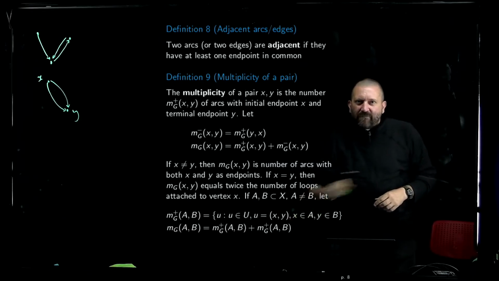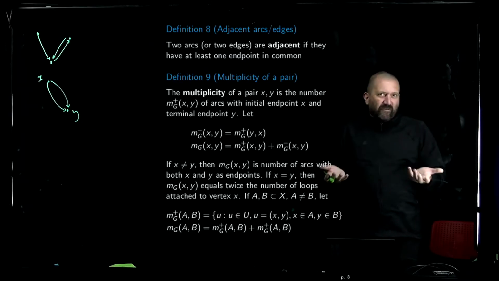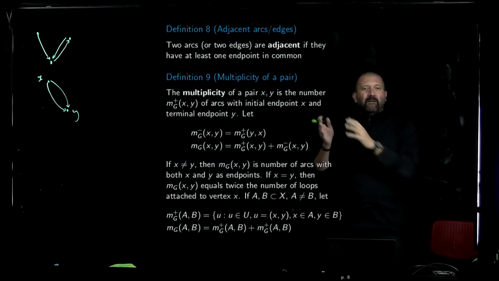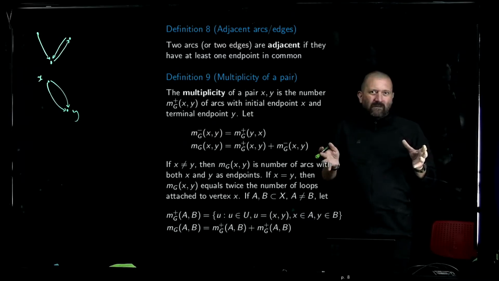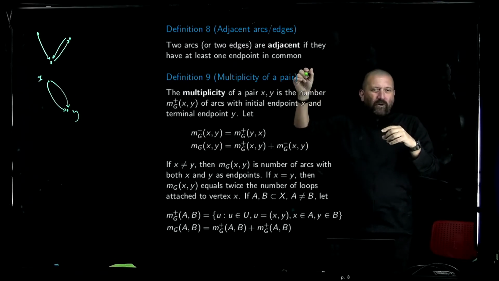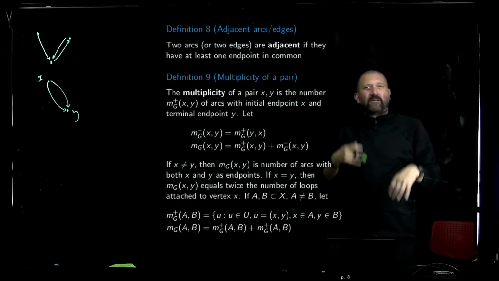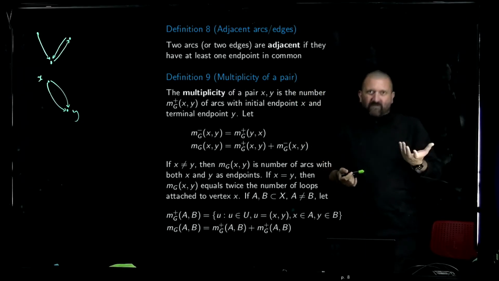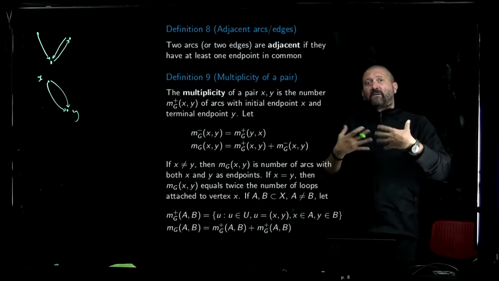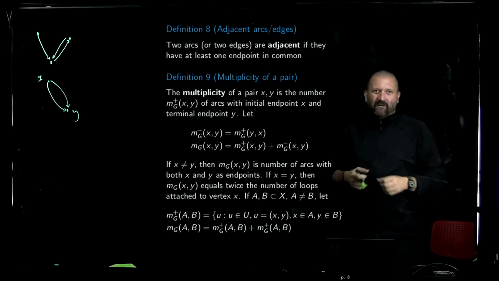So here you can see, for example, we're defining two subsets of a set of vertices, and we assume that those subsets are different. And we can define the multiplicity from one set to another as the multiplicity of the arcs that join the points in the two sets. Okay, we'll come back to that, not with multiplicity, because as I said, this is not something we'll spend a lot of time on, but it will be a very common way of looking at things, not only as one vertex, but as a subset of vertices.